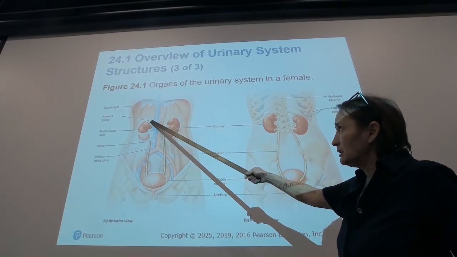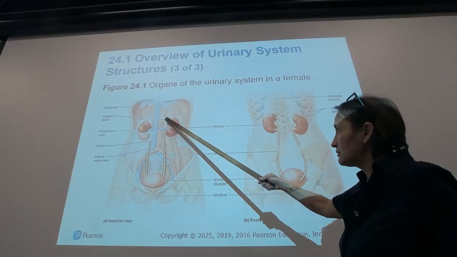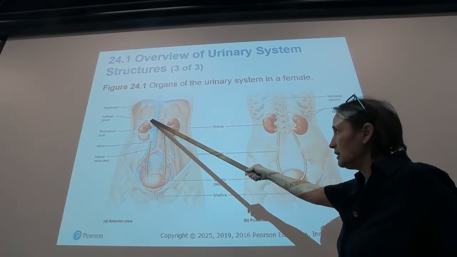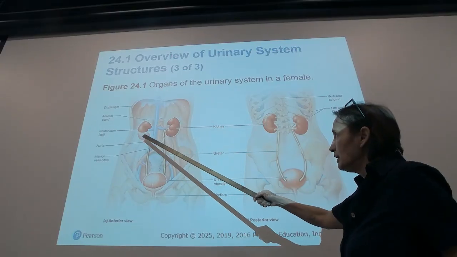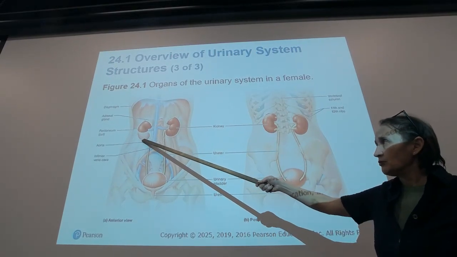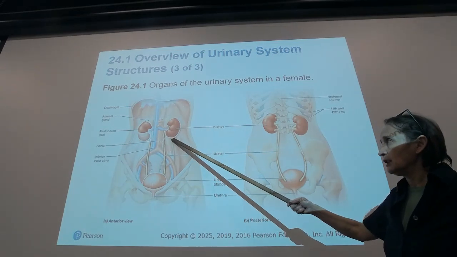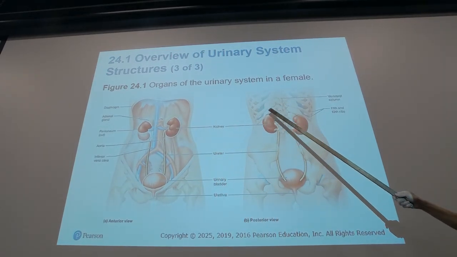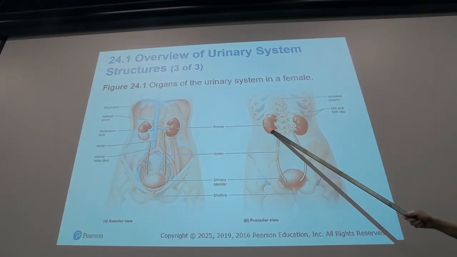And this is the superior pole of the kidneys, which has the adrenal glands in the vicinity, and this is the lower pole. The right kidney's inferior pole is lower than the left, again, because we have the liver here that pushes this right kidney down.